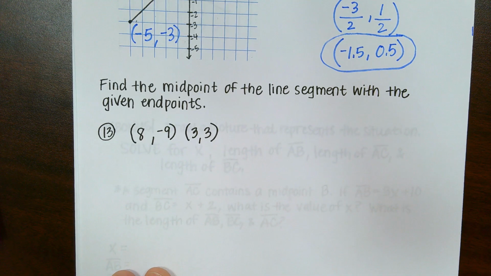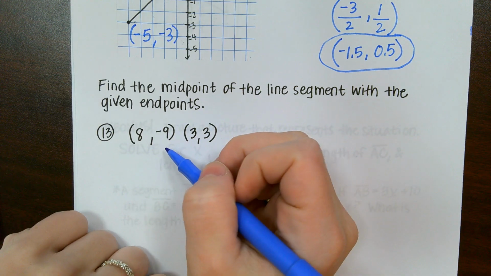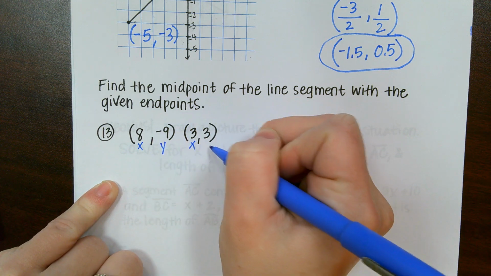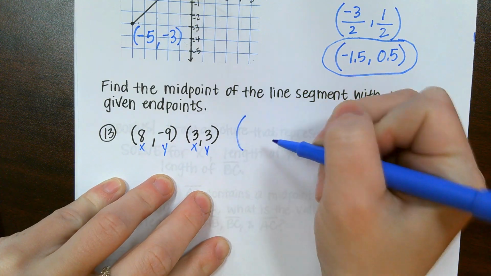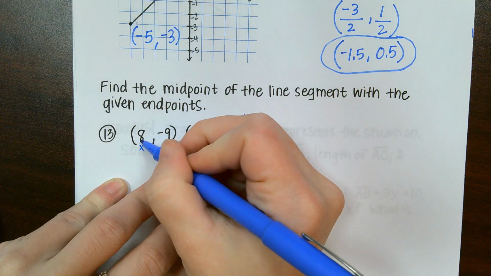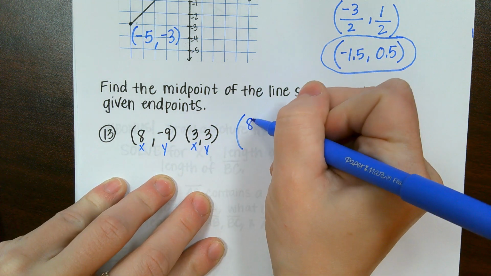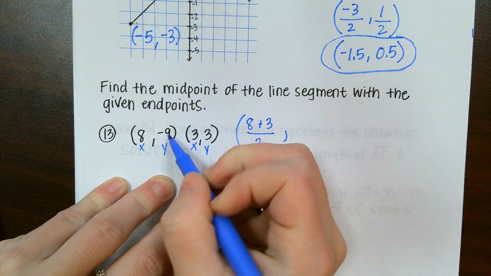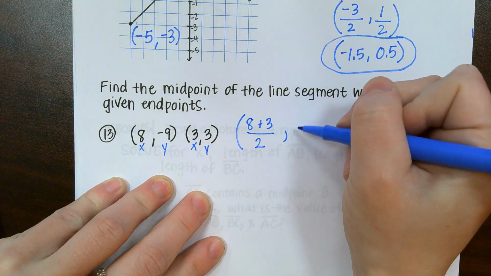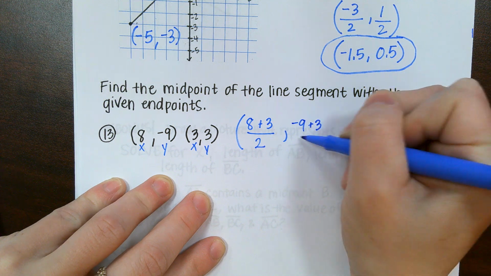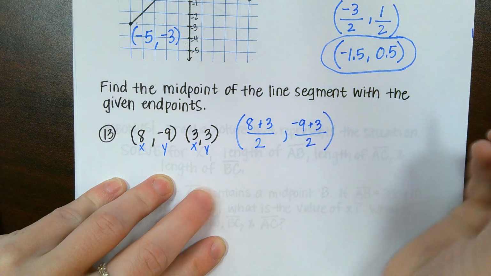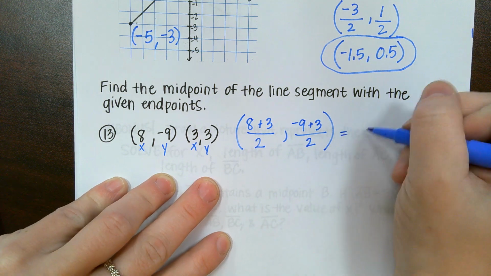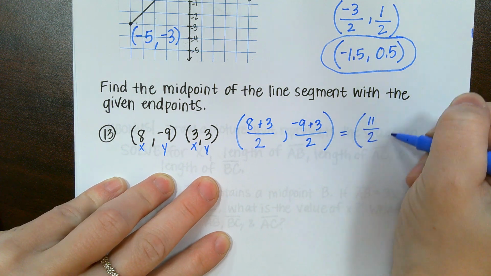Let's try number 13. We're doing the exact same thing here. I'm going to put my x's and my y's here to help me keep track. So x and x, I've got 8 plus 3 divided by 2. And then I've got negative 9 plus 3 divided by 2. 8 plus 3, 8, 9, 10, 11. 11 over 2.